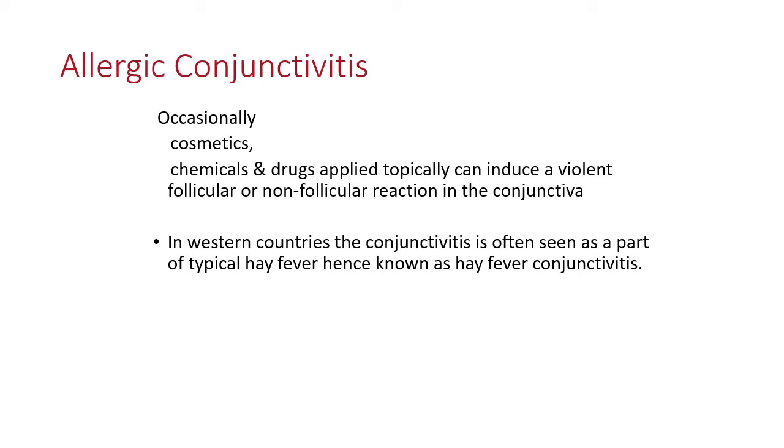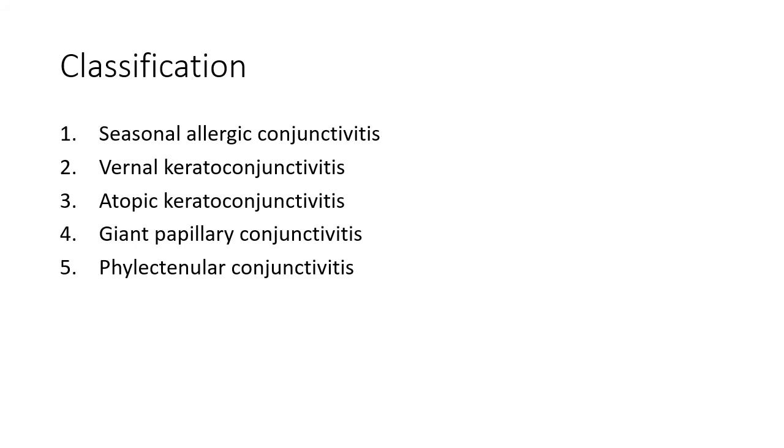In Western countries, the conjunctivitis is often seen as a part of typical hay fever, hence known as hay fever conjunctivitis. It is commonly associated with allergic rhinitis. So the classification is seasonal allergic conjunctivitis, vernal keratoconjunctivitis, atopic keratoconjunctivitis, giant papillary conjunctivitis and phlyctenular conjunctivitis.